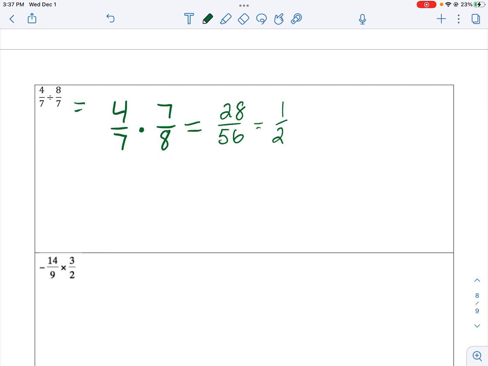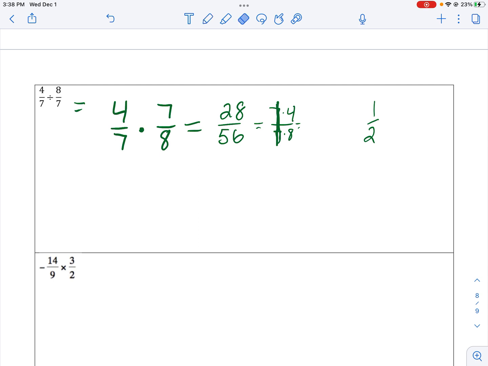How we reduce fractions is we say, well, we did 7 times 4 to get 28, and we did 7 times 8 to get 56. 7 divided by 7 cancels, leaving me with 4 over 8.